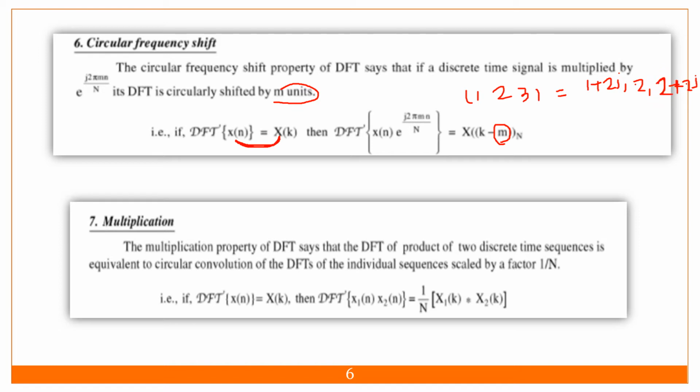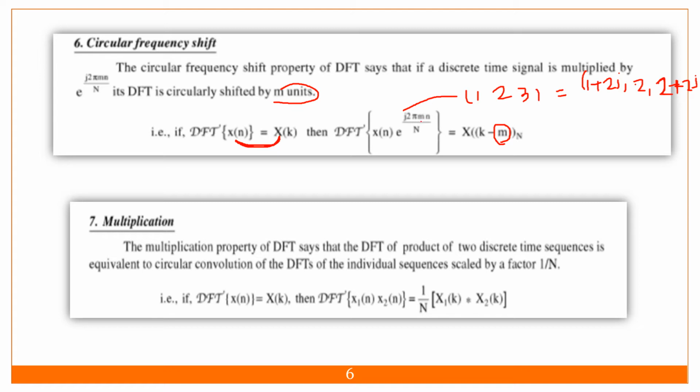This is the sequence. If I multiply this sequence by e raised to j 2 pi mn by N, then in the frequency domain, wherever I put the value of n, I have to put the value of m.